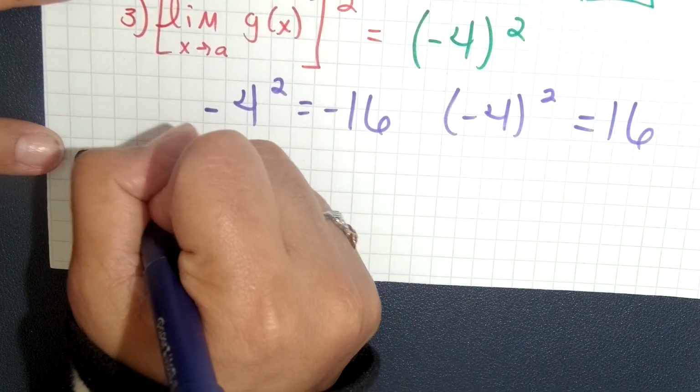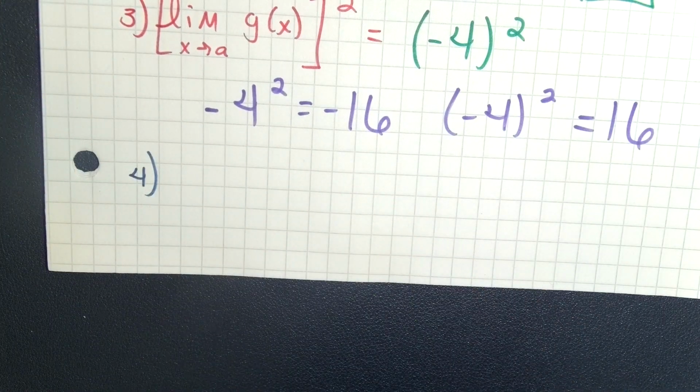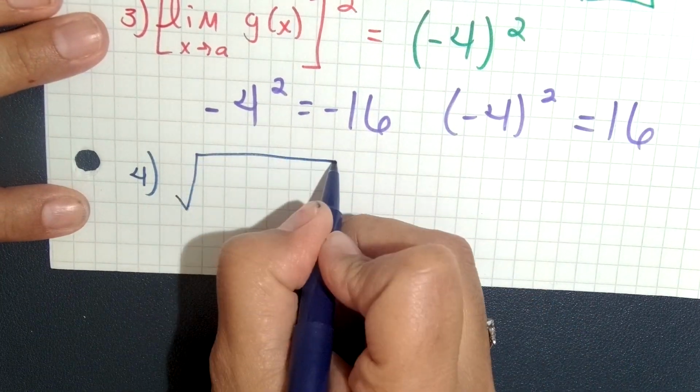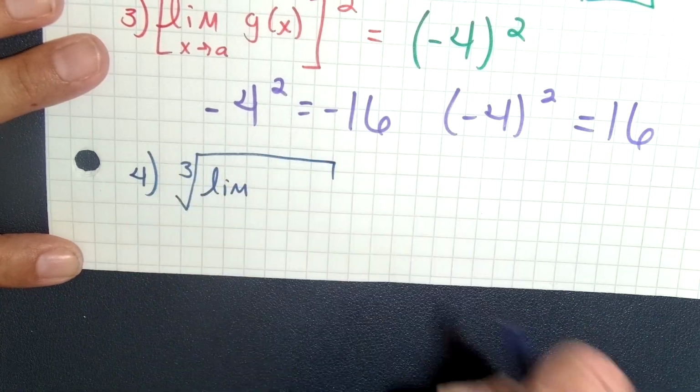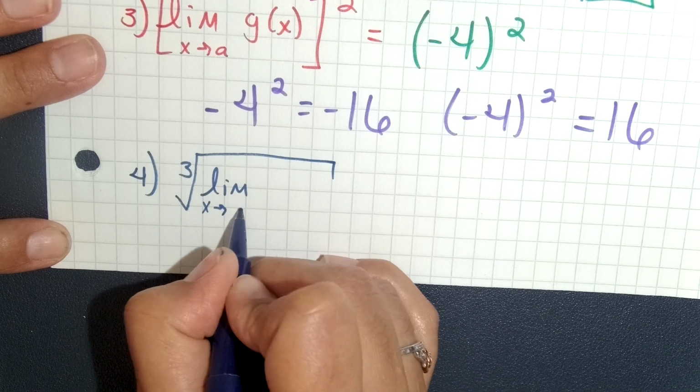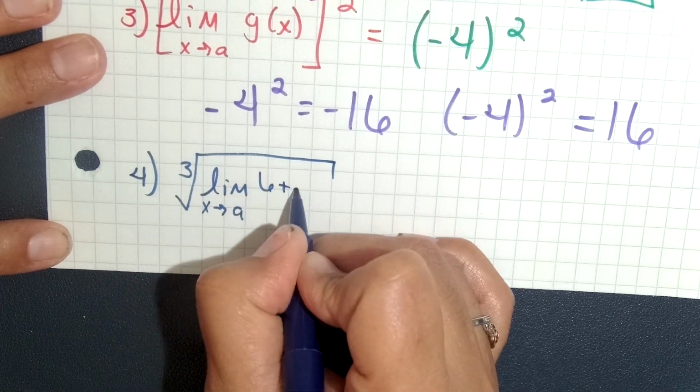Next one, number 4. Again, I'm not going to rewrite it, so I'm just going to do this. The cubed root of the limit as x approaches a of 6 plus f of x.